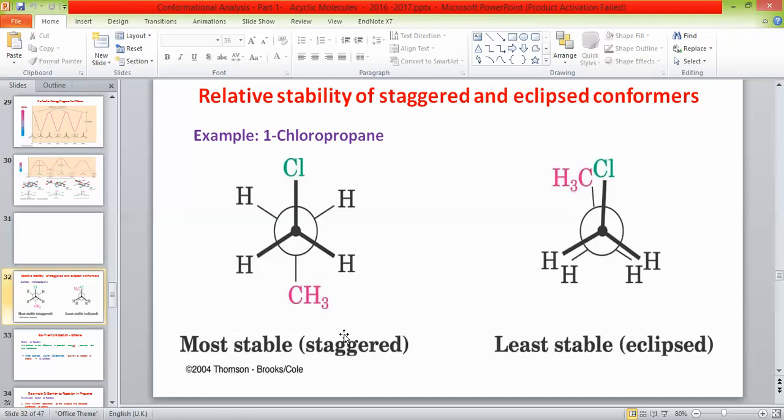So the one that is the least in energy is the most stable, and the one in high energy is the least stable, meaning your molecule will spend more time in this conformation than it will in that conformation.